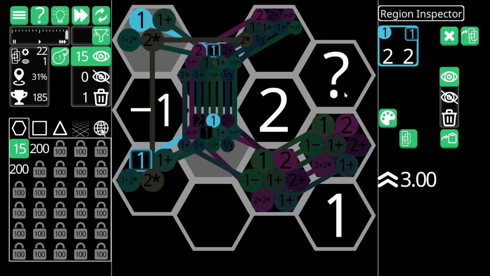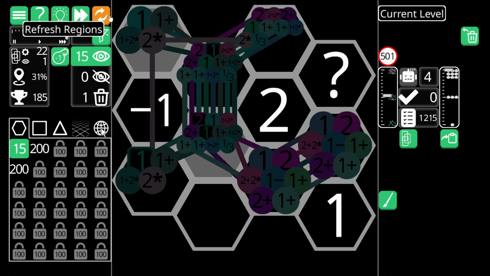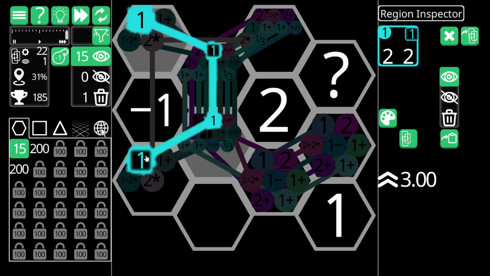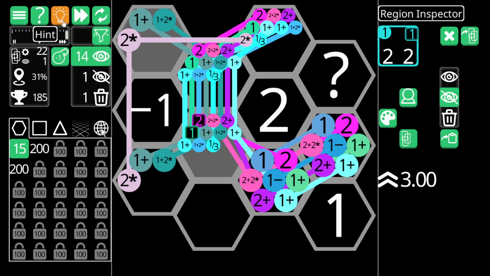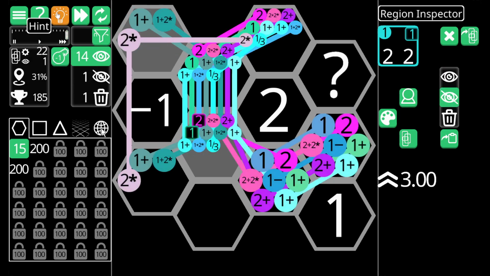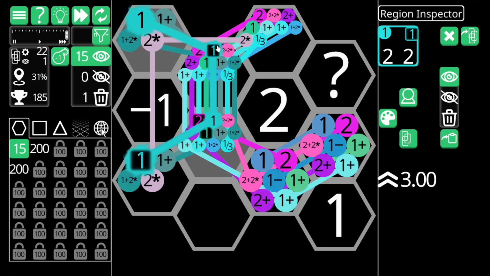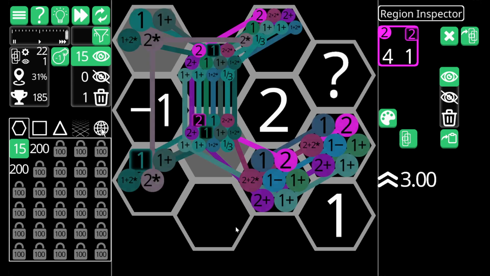Actually, you know what would be interesting? What if I said, hide this negative region. Is the puzzle still solvable? No. Hide this negative region. Is the puzzle still solvable? No. Now, there's one more negative region, and this one I created. No, I didn't.